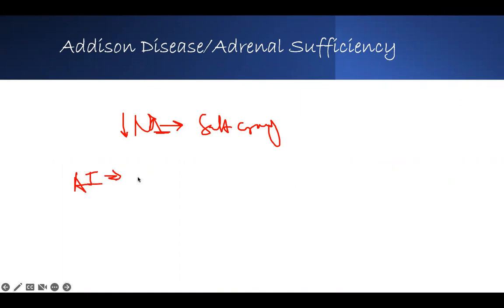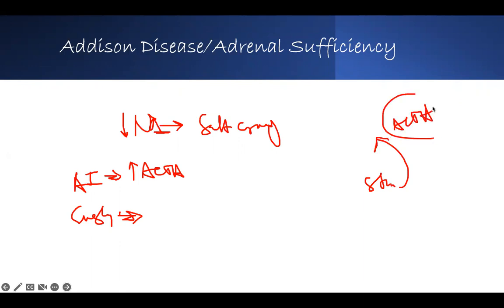So one thing you can see in adrenal insufficiency is ACTH, versus Cushing. What do you think? Well, in adrenal insufficiency, you should expect the ACTH to be high. If you have too much steroid, it tells the pituitary don't make ACTH anymore. So there's a negative feedback loop. If you have too much steroid, ACTH will not be produced unless there's a tumor in the adrenal gland.